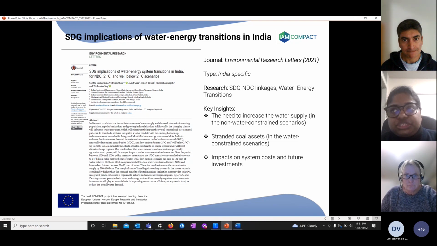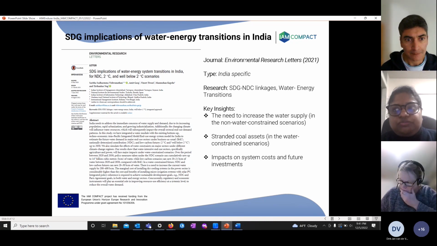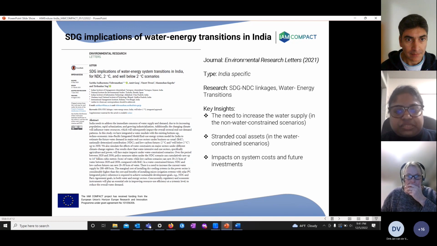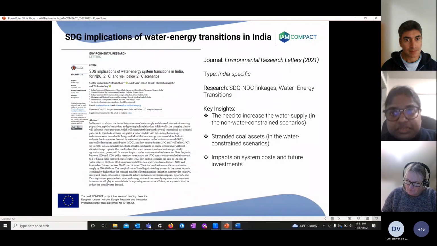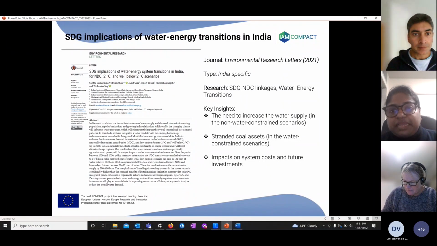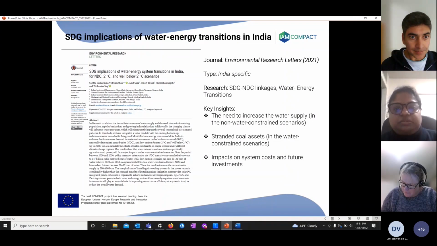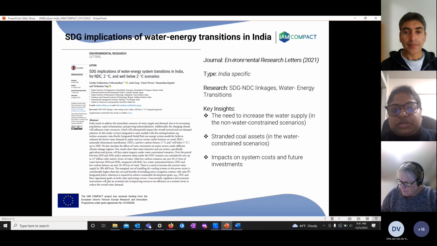So in addition to if we move towards 2 degree or 1.5 degree without CCUS, there would be stranded coal assets. If there is a water constraint scenario, so when our demand is more than the supply, we would have stranded coal assets as well. And there are impacts on system costs and future investments when water constraint scenarios come into picture.